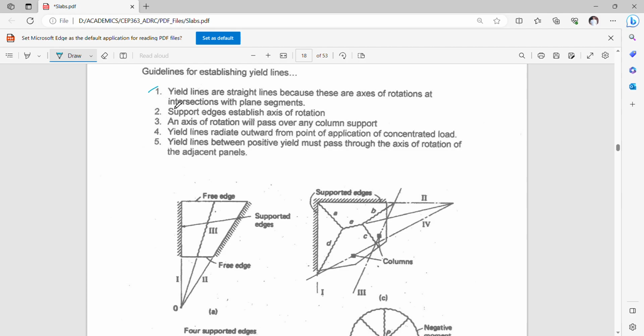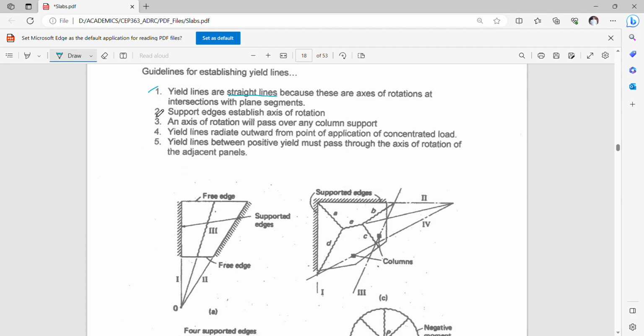So whenever you have a yield line, make sure that it's a straight line, because a segment cannot rotate if the yield line is not straight. Okay, so it's very hard to imagine an individual segmental rotation if the yield line is not straight.